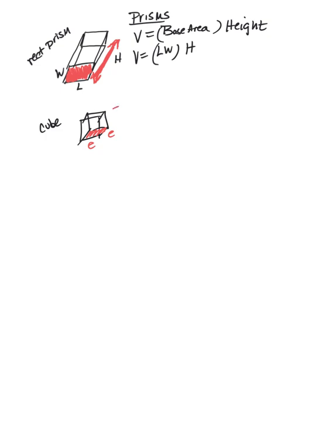And then the distance that you're repeating it over is also edge. So you get volume equals edge squared times edge, or edge cubed. So I did the base area times the height, and I get the formula E cubed. Most people tend to just memorize these formulas, okay, for a lot of them.